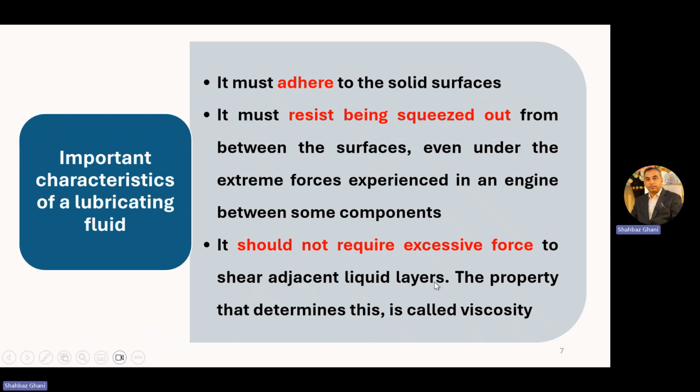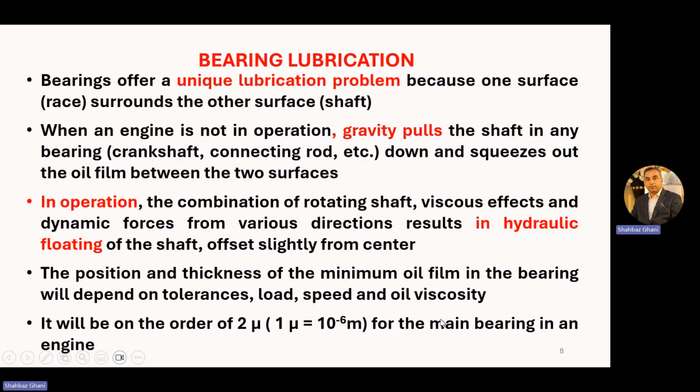In the first part, we have two metal parts moving. Then we apply oil or fluid there, that is the lubricant. It should adhere to them, it should resist being squeezed out, but it should not require excessive force to shear the adjacent liquid layer. The property that determines this is called viscosity.